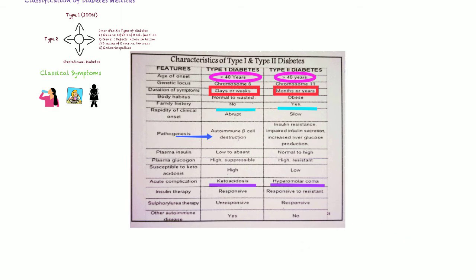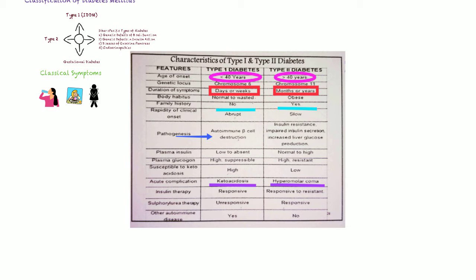Type 1 diabetes mellitus is less than 40 years and type 2 greater than 40 years. The duration of symptoms for type 1 is days or weeks, whereas type 2 is months or years. A positive family history is always associated with type 2 diabetes mellitus. The body habitus for type 1 is normal to wasted, as that of type 2 is obese.